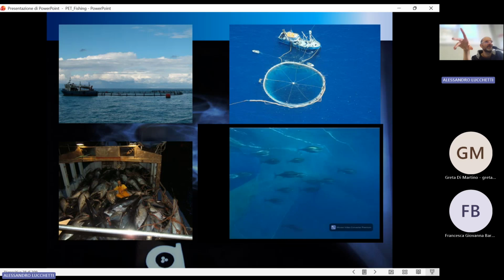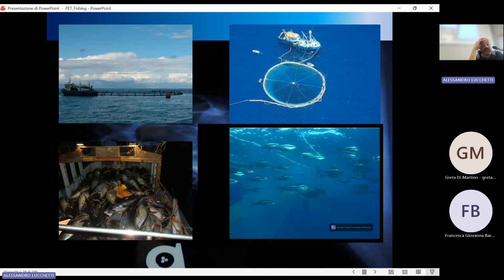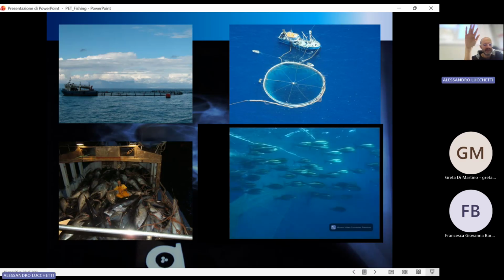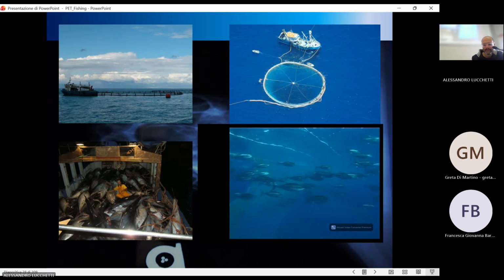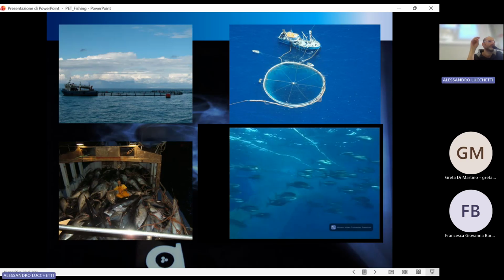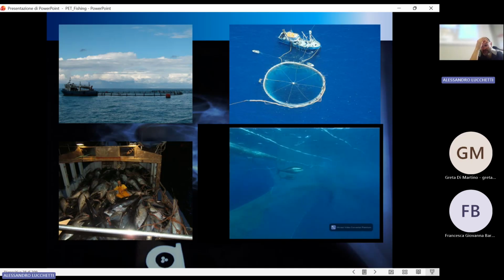This type of fishing is from, let's say, late May until June, July, more or less. After this, the quota is over, the national quota, because this is one of the few fisheries in Italy, or species, that are managed with quota in the Mediterranean.